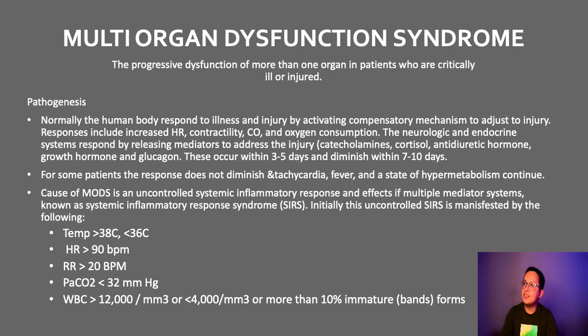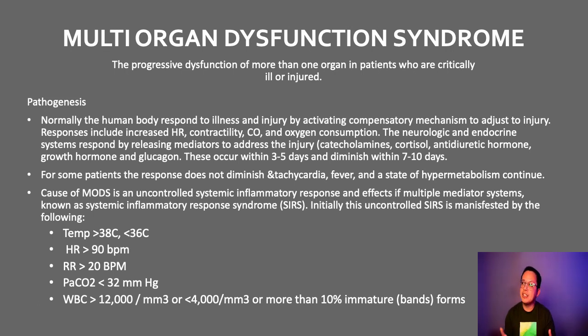So, pathogenesis. Normally the human body responds to illness and injury by activating compensatory mechanisms to adjust to injury. Responses include increased heart rate, contractility, cardiac output, and oxygen consumption. The neurologic and endocrine systems respond by releasing mediators to address injury.